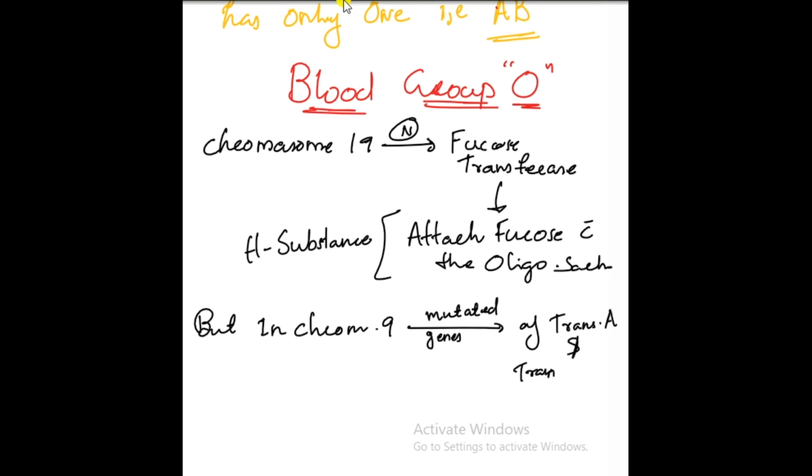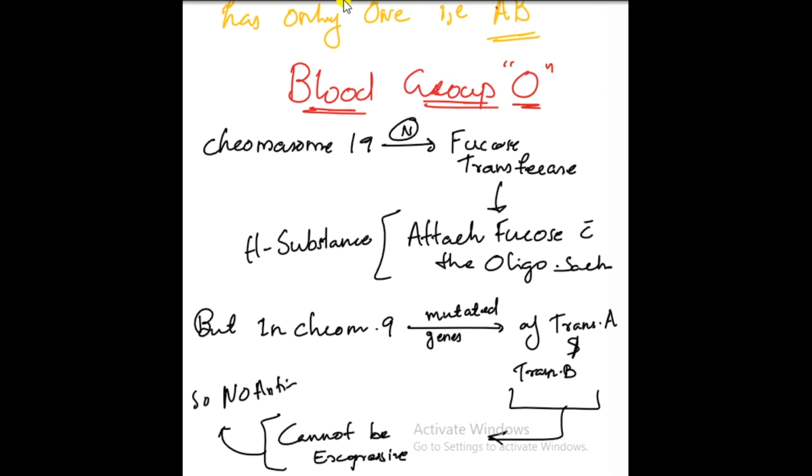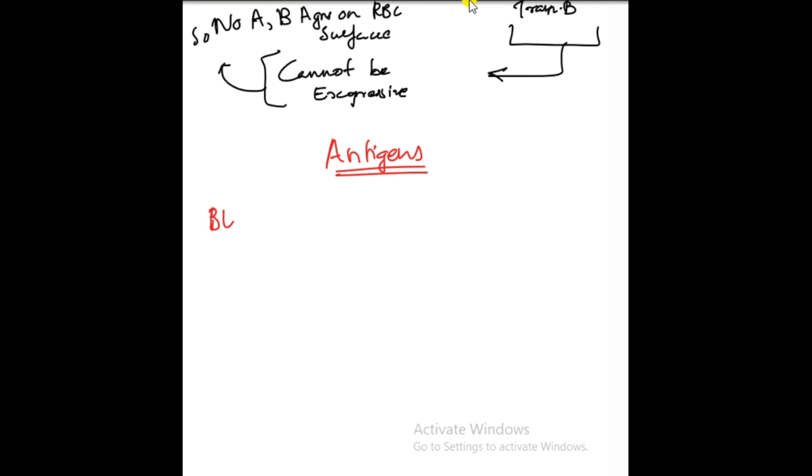So there is no expression of transferase A and transferase B. That is why we have no antigens on the surface of the RBCs, which means no A and B antigens. We have the H antigen, but we don't have A and B antigens on the RBC surface. That is why we can donate the blood to anyone.